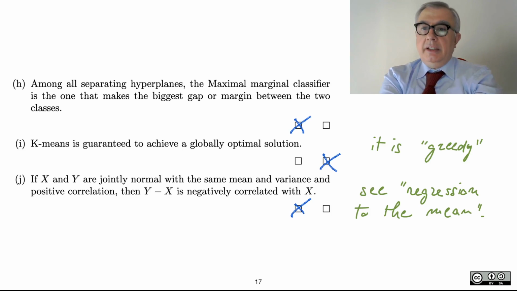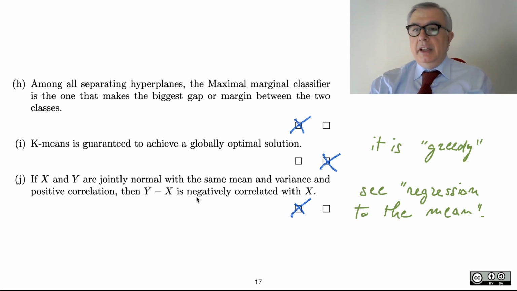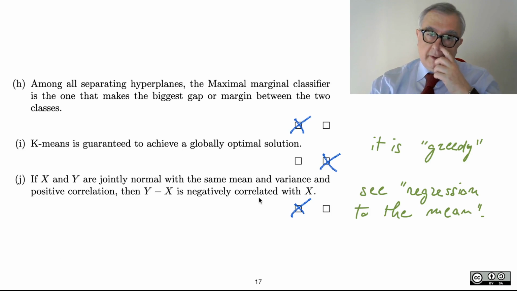On the other hand, the ones that had bad results in the first test are more likely to have a positive improvement. So if you look at the improvement y minus x and estimate its correlation with x, you will find that this is negatively correlated with x.